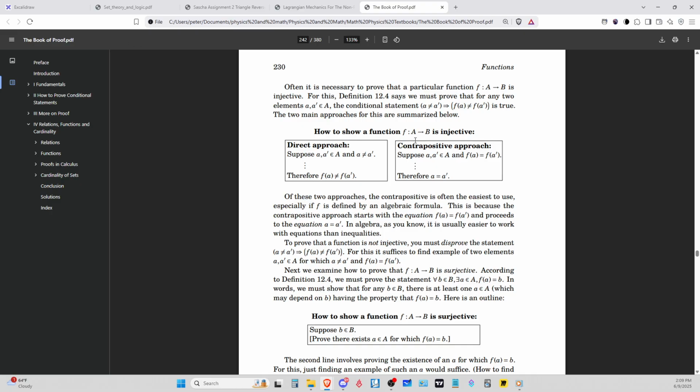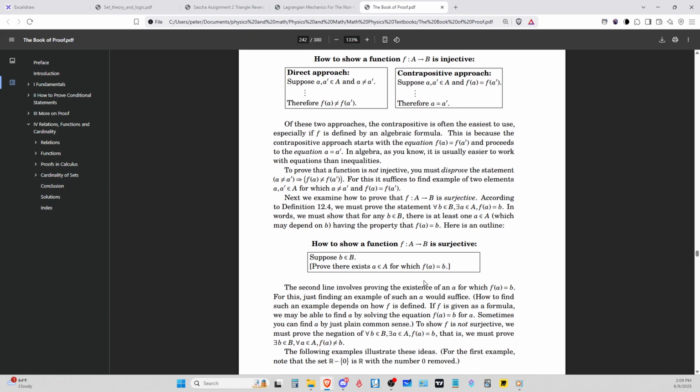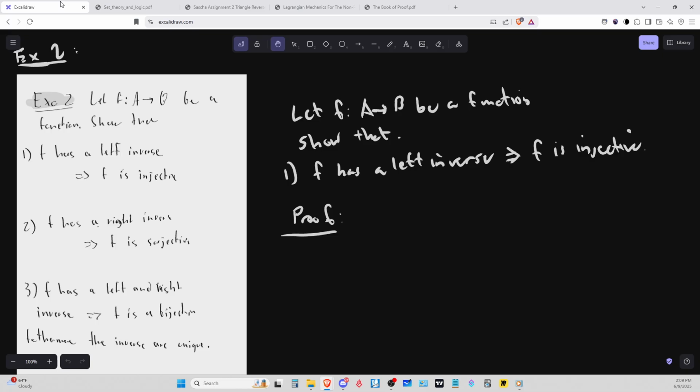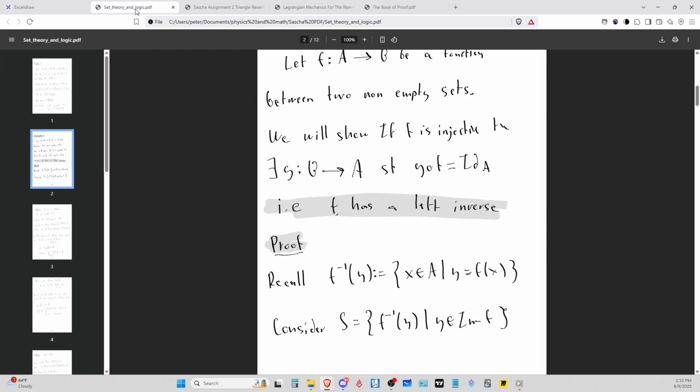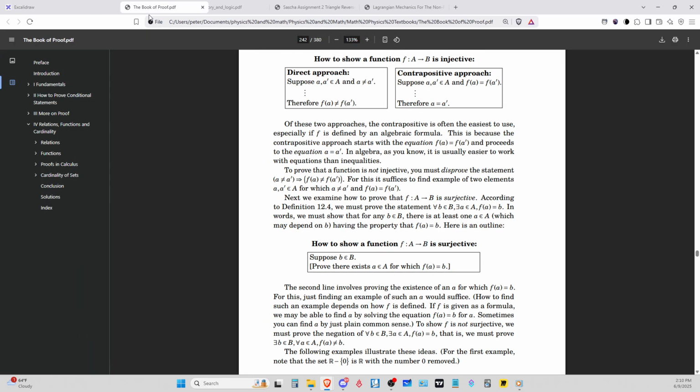So at least we start out with this, and to show something surjective, suppose, okay, I think this will help us. So, alright, we have to show that f, so, let's see. Oh, oops. Maybe we should move this up here, so I can just easily access it.